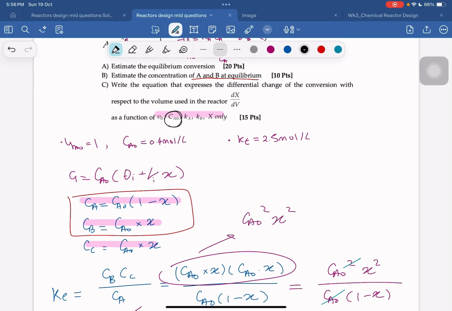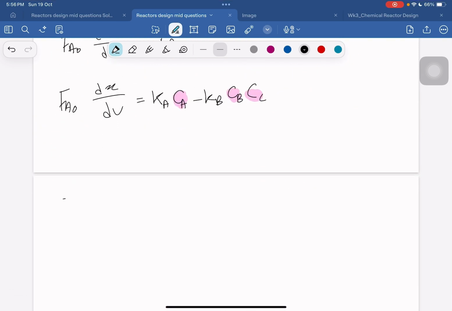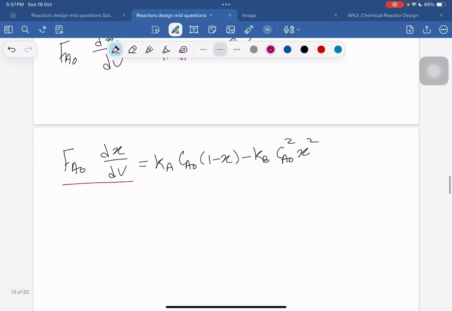We don't have Cb or Cc or Ca in what it wants. So we put the expressions: Fa naught dx over dv is equal to Ka, Ca is Ca naught times 1 minus x, minus Kb, and Cb is Ca naught times x, and Cc is Ca naught times x, so this is squared, they're both squared. Then we're gonna divide both sides by Fa naught because we want the equation for this.